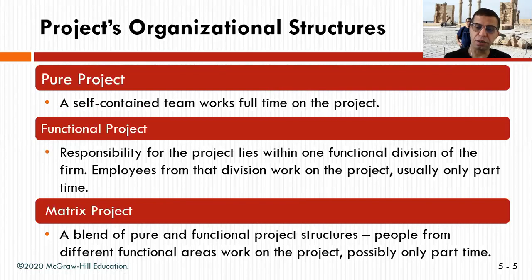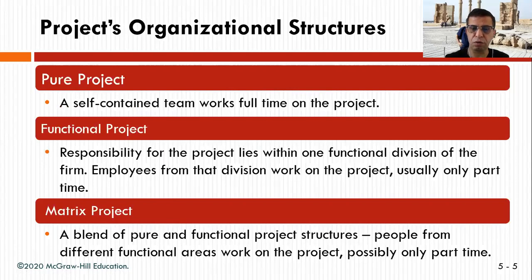And then you get the matrix project, which is a blend of the pure project and functional project structures. People from different functional areas work on the project, possibly only part-time. So in the functional and the matrix projects, both of them work part-time.